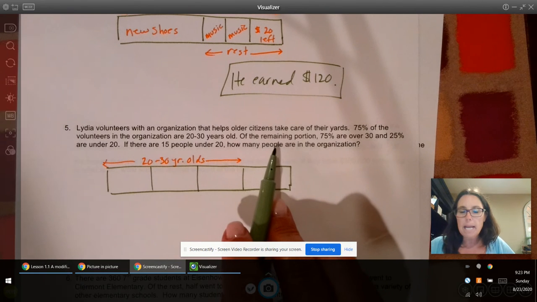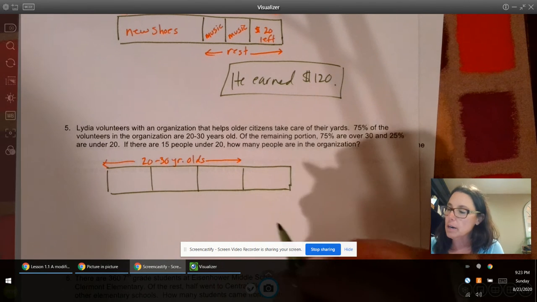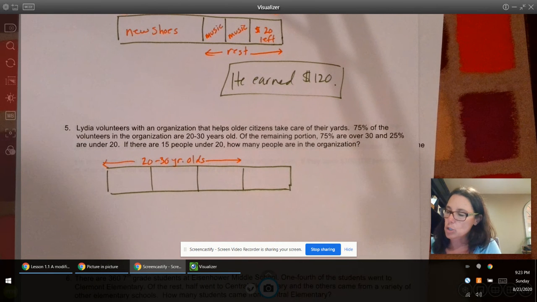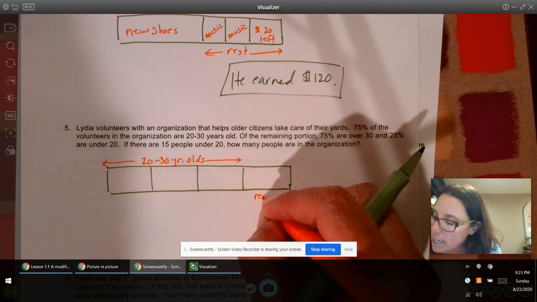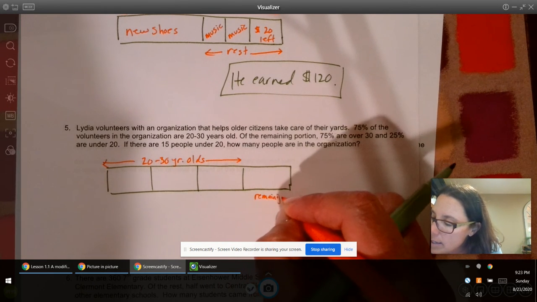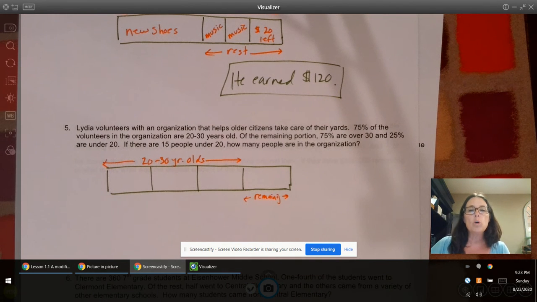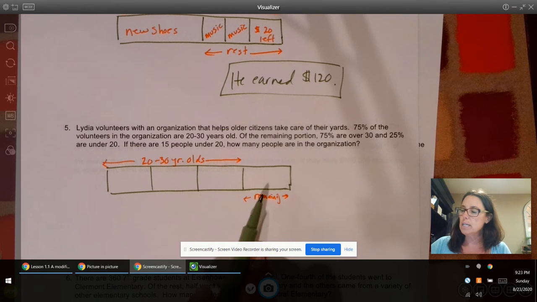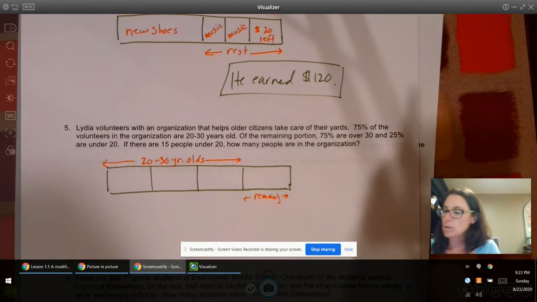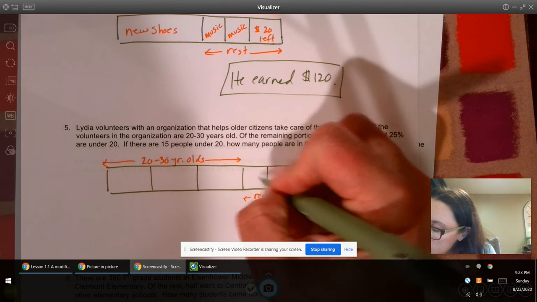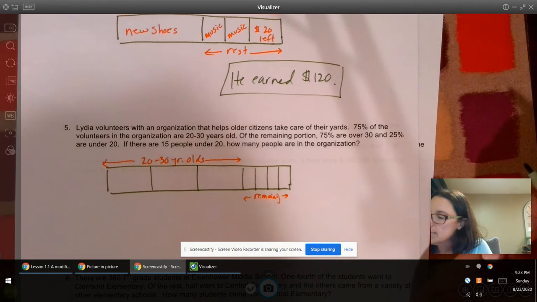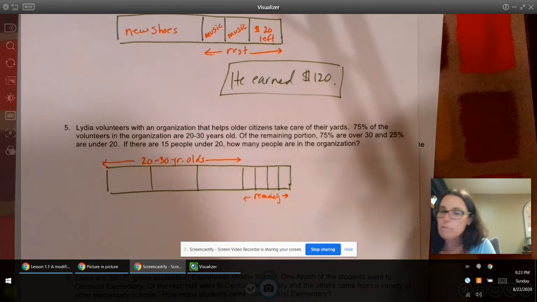Of the remaining portion, be careful. Do you understand that this one box is the remaining? Of the remaining portion, 75%. Do you understand I have to break this box up into quarters? Okay, 75% are over 30.